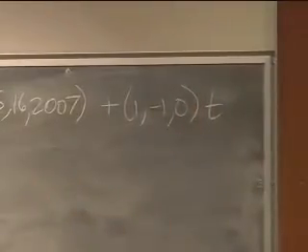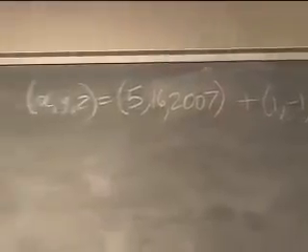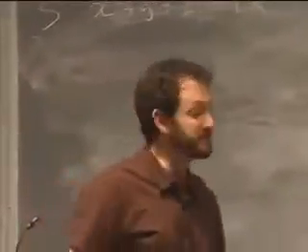So, let's see, 1/26/2008, that might come up. Okay, so it's 5/16/2007 plus t times (1, -1, 0).